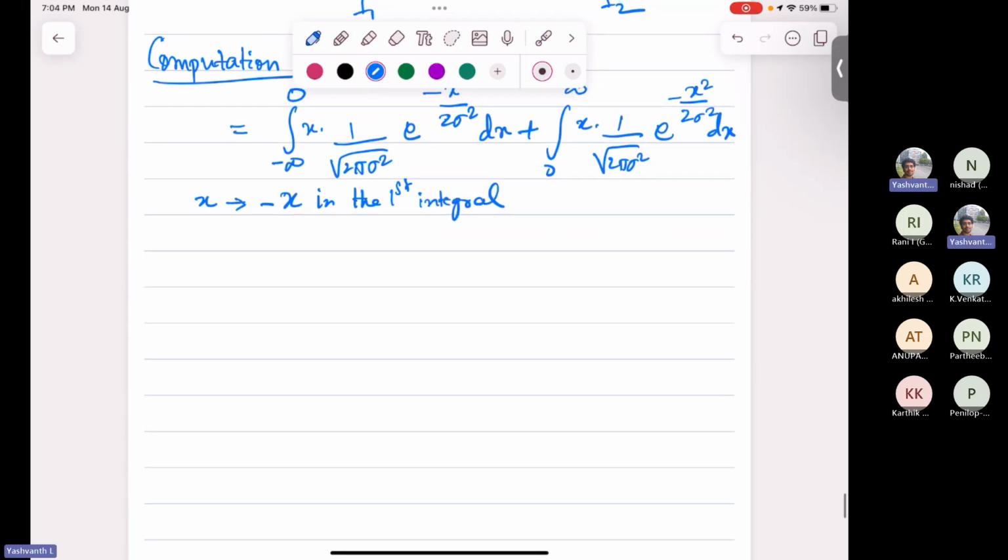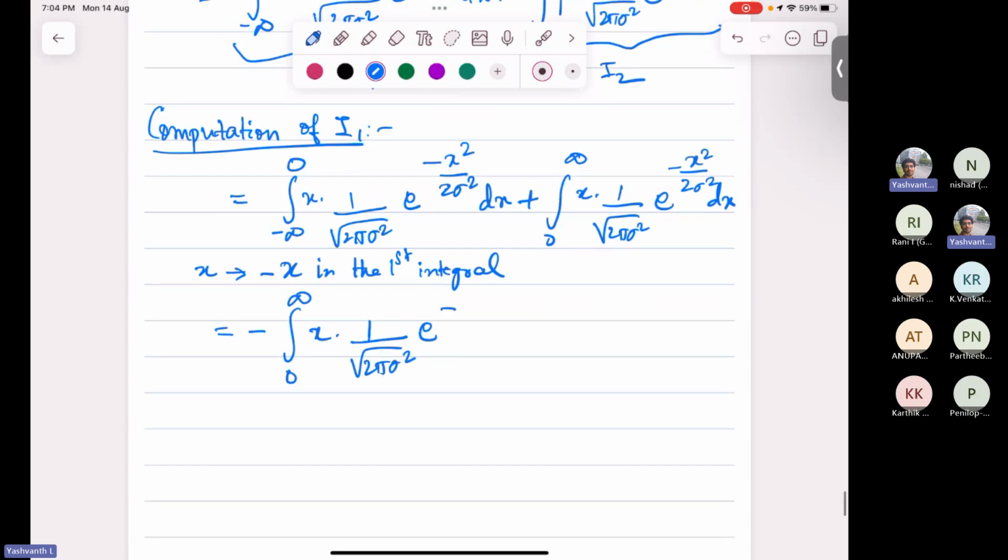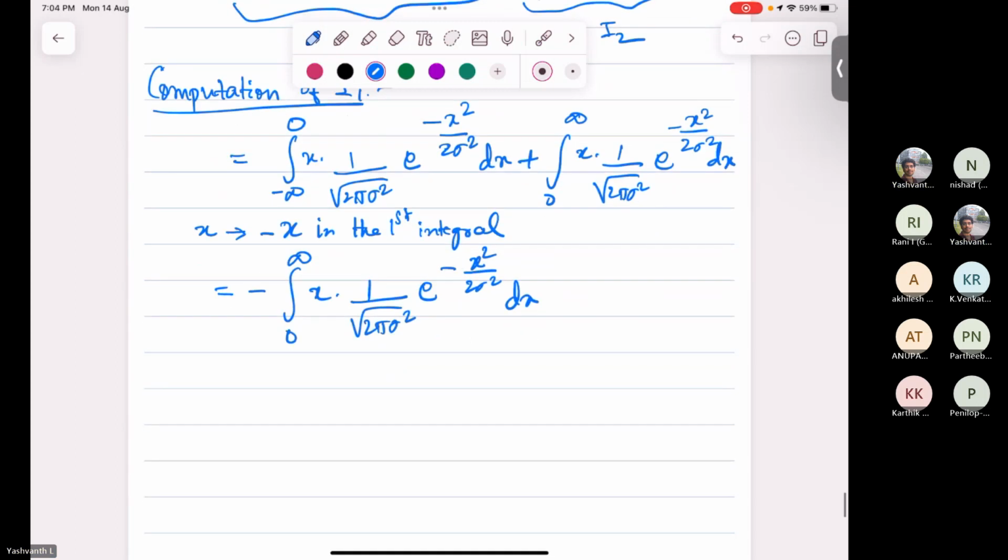Then what will happen? It's nothing but minus of 0 to infinity x into 1 by under root 2 pi sigma square e raised to minus x square by 2 sigma square dx, plus the second term as such.